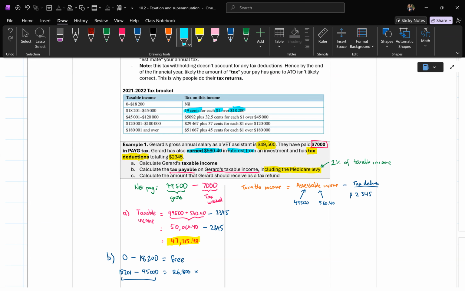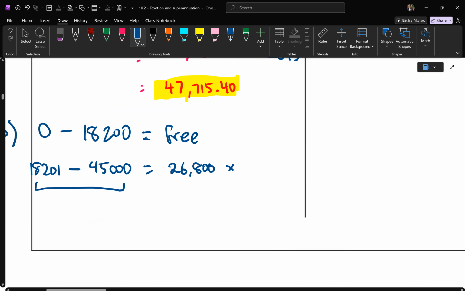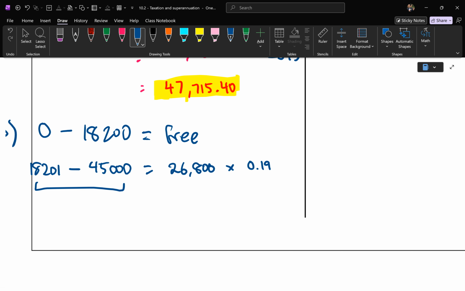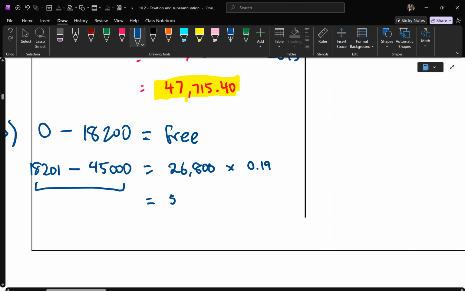So from 18,200 to 45,000, that's 26,800 bucks. We're going to times it by 19 cents. To make your life easier, I'm just going to do 0.19, because that's 19 cents. Let's work that out. 26,800 times 0.19, 5,092 bucks. Okay?